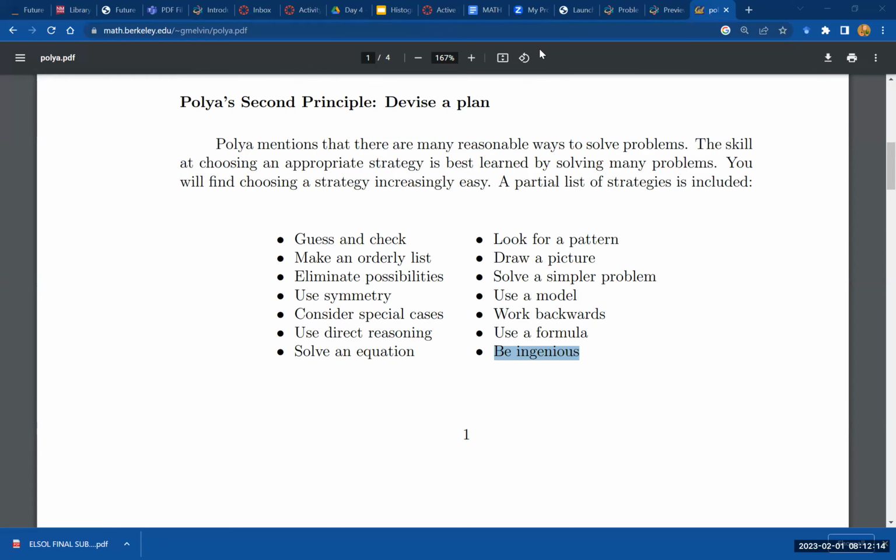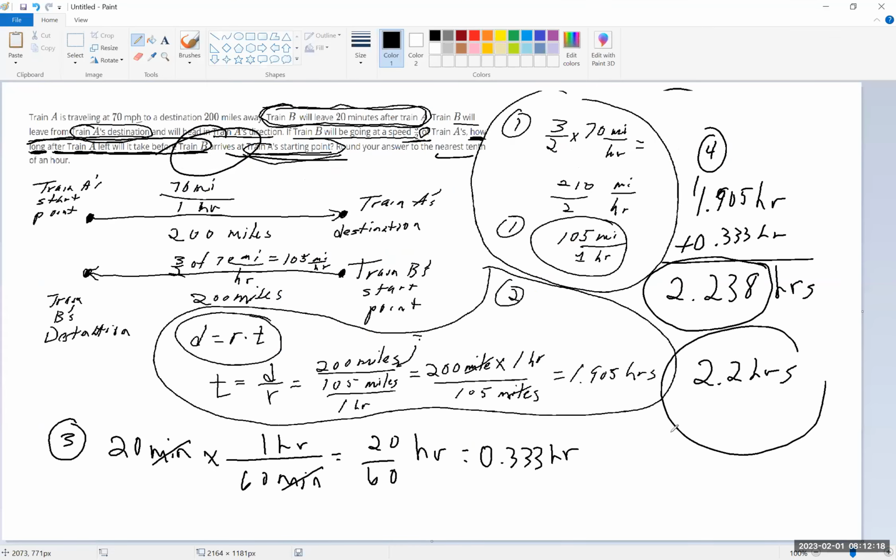And so finally, our answer was 2.2 hours. It's kind of hidden, but that included the amount of time the train traveled plus the amount of time that it waited, the 20 minutes that it waited.